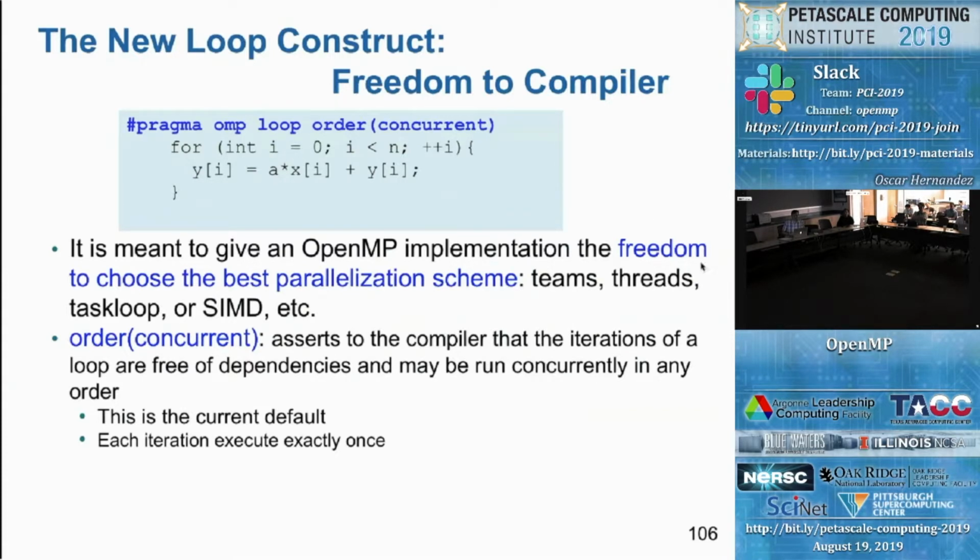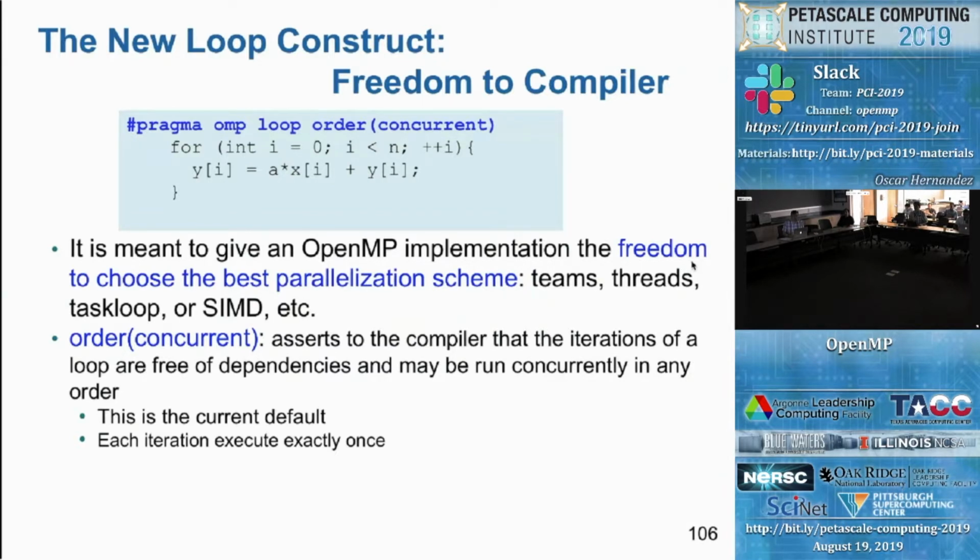So the compiler has the freedom to do the correct parallelization scheme, and that will help to write more portable code, because we're going to be using the smarts of the compilers and the runtimes to decide what type of parallelism we want to use.